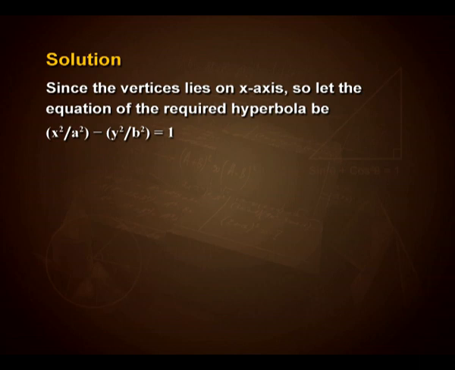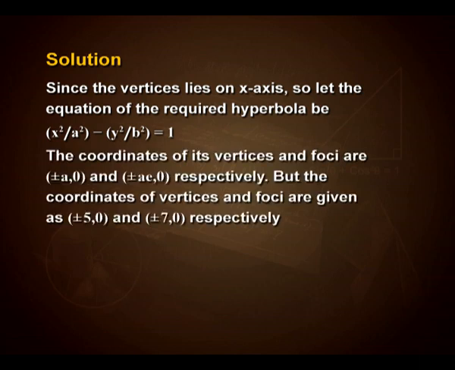Since the vertices lie on the x axis, let the equation of the required hyperbola be x square upon a square minus y square upon b square is equal to 1. The coordinates of its vertices and foci are plus or minus a comma 0 and plus or minus ae comma 0 respectively.